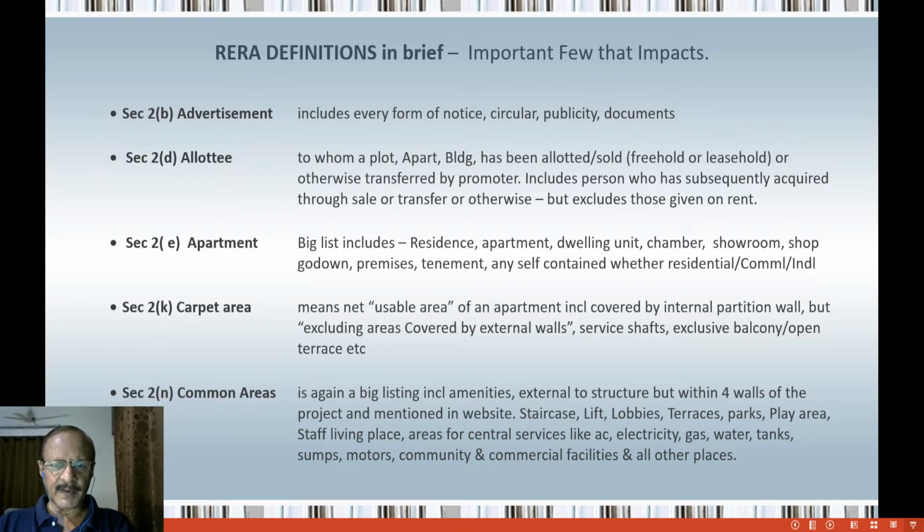Carpet area. Carpet area is already mentioned here. Usable area of an apartment including area covered by internal partition walls but excluding. So what exactly does carpet mean? The inner periphery of the entire room. If you are partitioning the kitchen and the living room, that partition is also covered. Partition of kitchen and maybe washrooms, it is covered. Partition of rooms to washrooms, master bedroom, it's all covered.